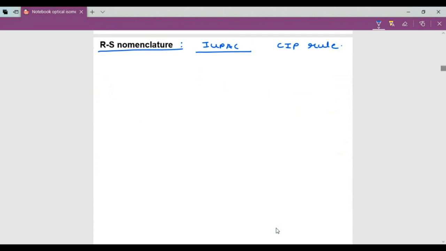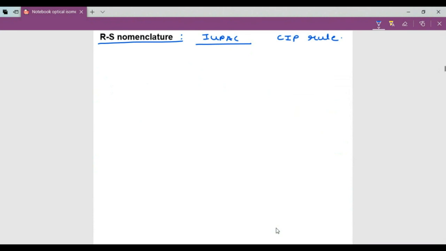Using this RS nomenclature, we will visualize the tetrahedron such that, as per CIP, the lowest priority group, say fourth priority, is directed away from us, and the rest, first priority, second priority, third priority, if we move in decreasing order of priority and they go anti-clockwise, then the isomer is said to be S. Full form is sinister, meaning left-handed, S isomer.